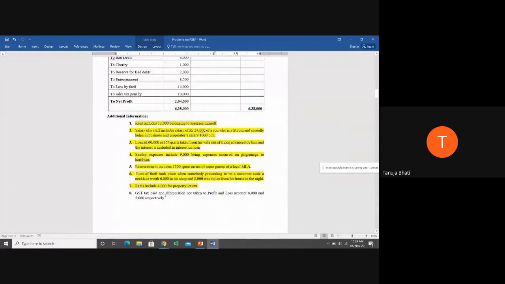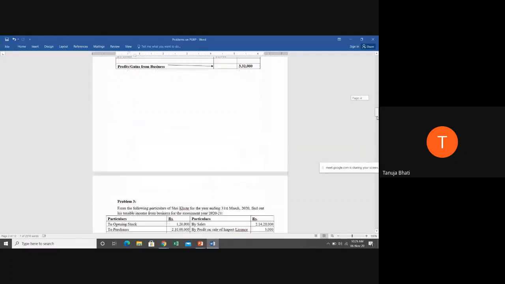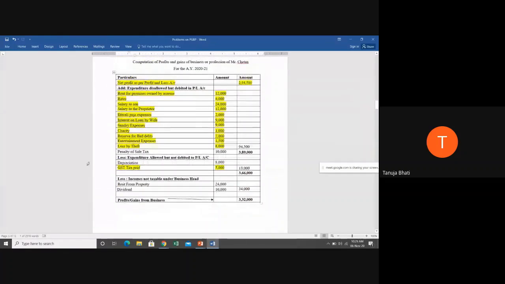Next, depreciation, students. Now depreciation, is it a business expenditure, or do you do depreciation on your home assets? It's a business expenditure, ma'am. Depreciation as per the Income Tax Act is a business expenditure. It is allowable, so we take depreciation also here.